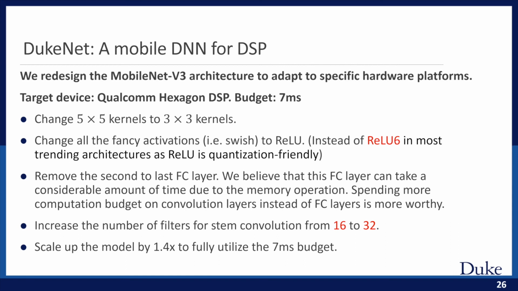Fully connected layers consume too many memory operations, so we removed many fully connected layers and invested more computation budget in convolutional layers. We increased the number of filters, and we also increased the width multipliers to fully utilize the 7 millisecond budget given by the organizer.